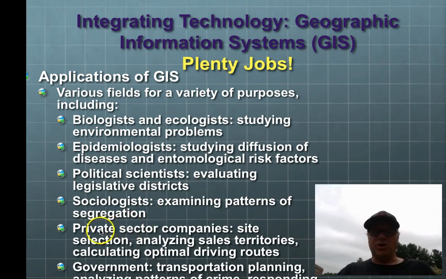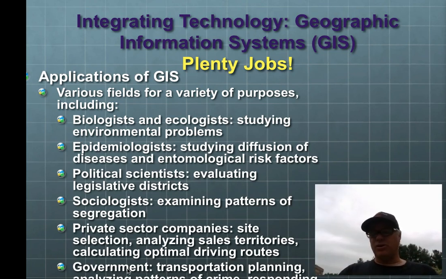And then, as mentioned, private companies like to figure out where to put their businesses, analyze where they can do sales territories or optimal driving routes for how to deliver things to their different stores and where to put their warehouses and all of that. And governments use it a lot for transportation planning, also for looking at things like where do crimes occur, and are there things that they could do better to try and mitigate crime in those areas that have higher levels of crime.